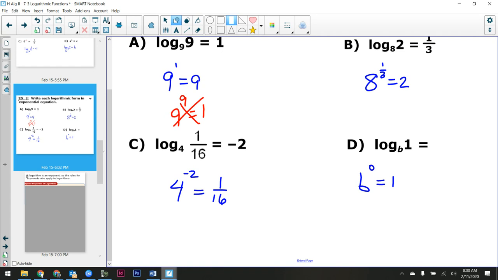Taking anything to the what power always gets you 1? 0, right? Taking anything to the first power, you always get itself back out again, right? Which is the other special property that we'll talk about on the next slide. Taking anything to the 0 power always gets you 1. Now, I know 0 to the 0 is a little weird, but haven't we excluded 0 as a base? So taking b to the 0 is always going to equal 1.